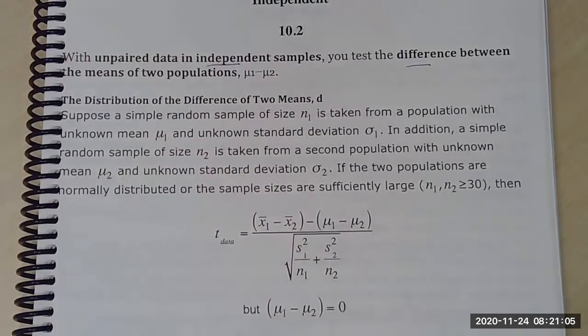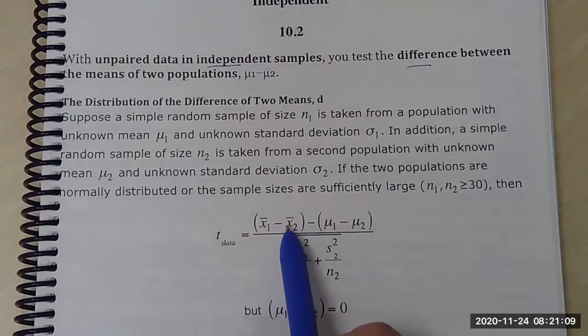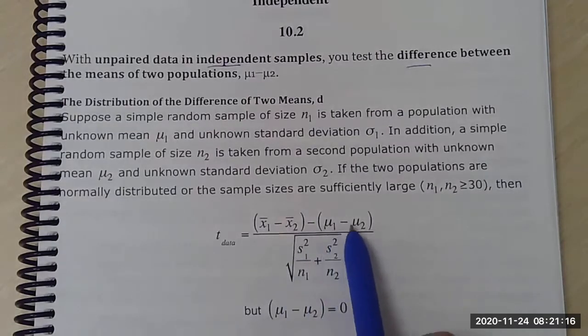It's not that intimidating if you think about it, oh, it's plug and chug. You're going to get the X bars from your calculator, or just add them all up and divide by as many as you have. These guys right here, it's going to be given to you.